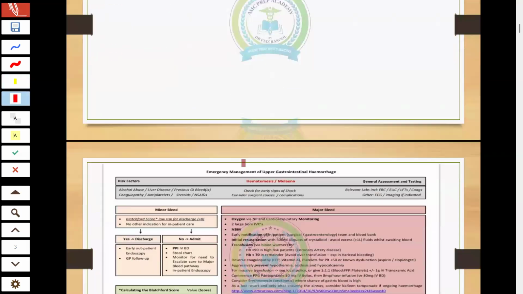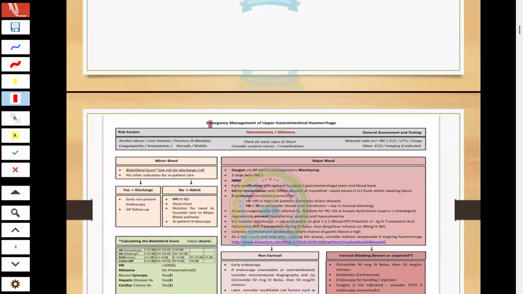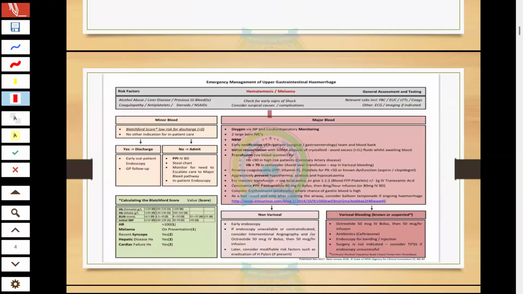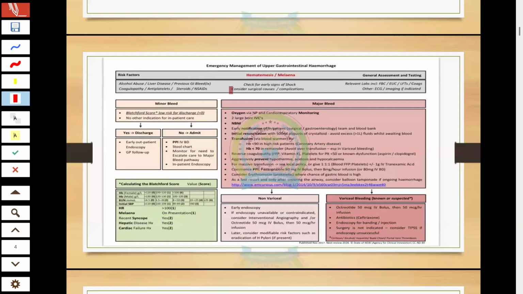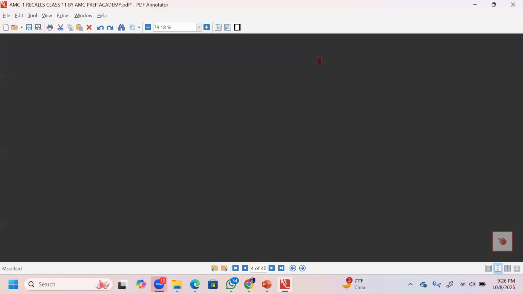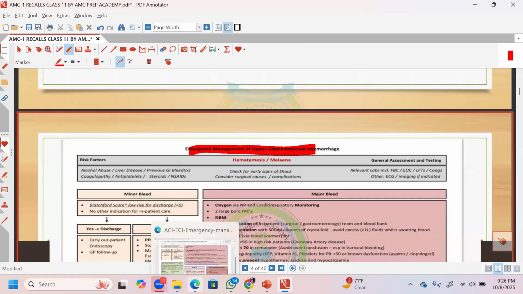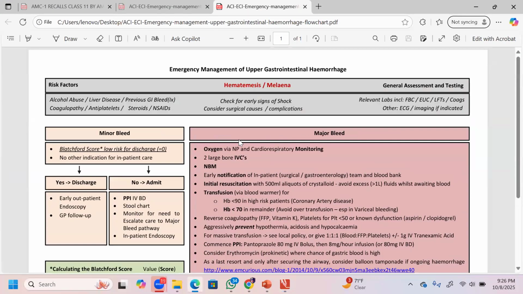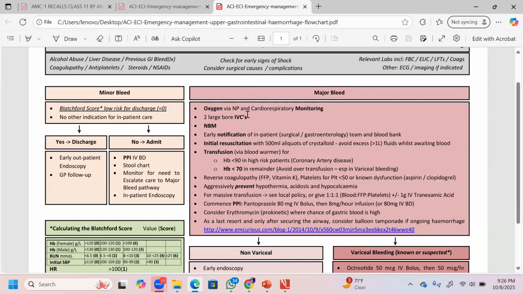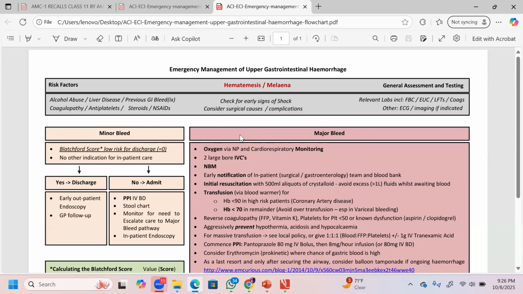Okay, doctors, this is the guideline of emergency management of upper GIT bleed. Let's suppose the patient presents with upper GI bleed and you have to diagnose whether it is a minor bleed or a major bleed.